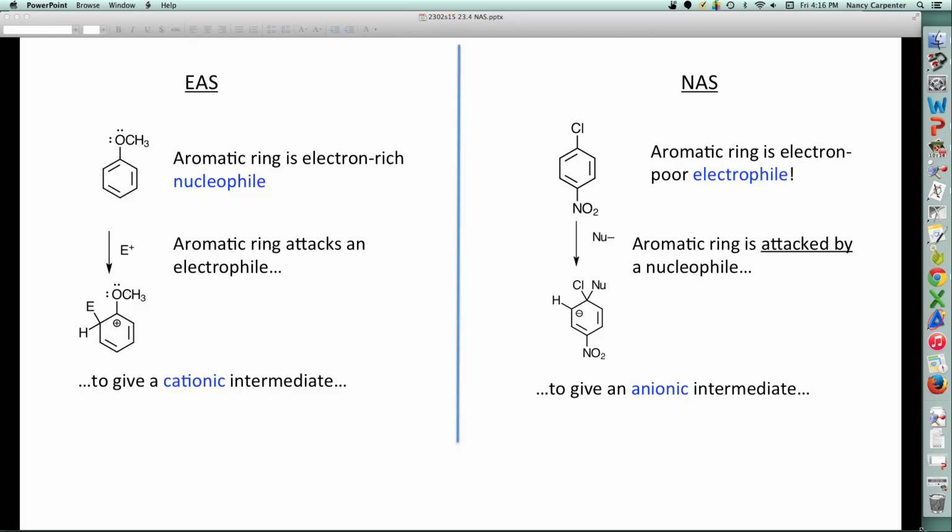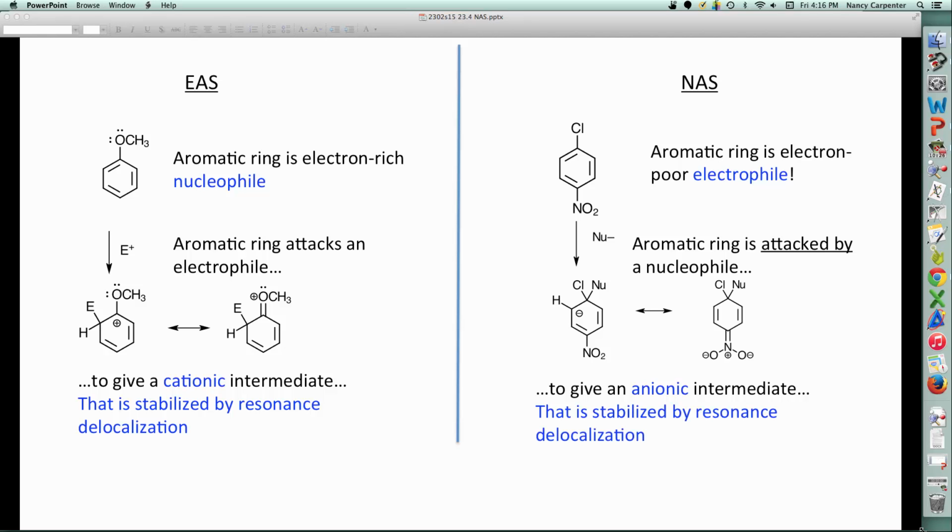Should make perfect sense since I'm adding something positively charged here and something negatively charged here. In both cases, these intermediates are stabilized by delocalization. Now we know the delocalization routine for the cation, but now we've got the same sort of electron movement that we've seen in the past that allows us to push the electrons around to make a more stable intermediate.